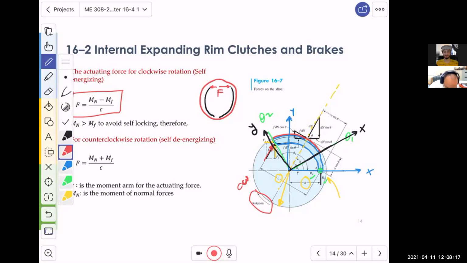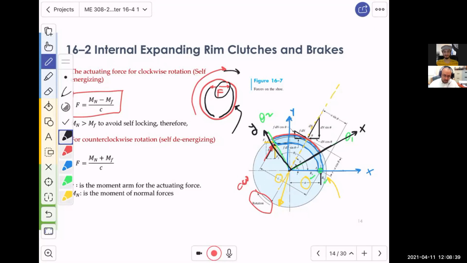Now, if you have a rotation in a clockwise fashion, the direction of this force is aligned with the rotation, and that's why this shoe ends up being in a self-energizing condition.